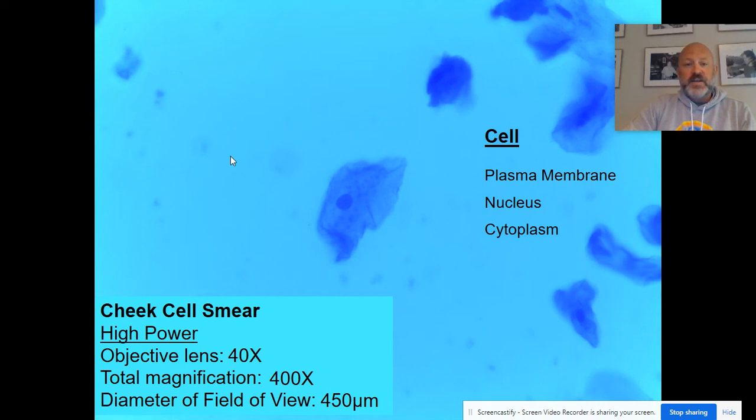If I could fit 9 cells across, I would take my known field diameter of 450 and divide it by 9. And that would give me what? 50 micrometers. So I would estimate that the size of this cell is about 50 micrometers by using my known field diameter and estimating how many of these cells I could fit across.